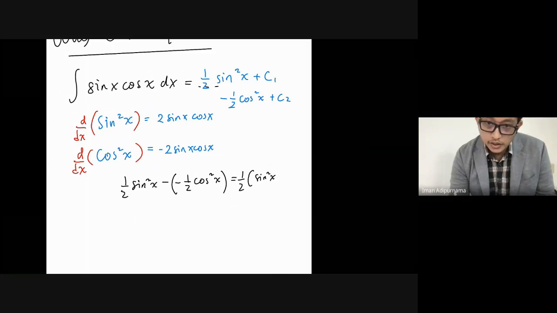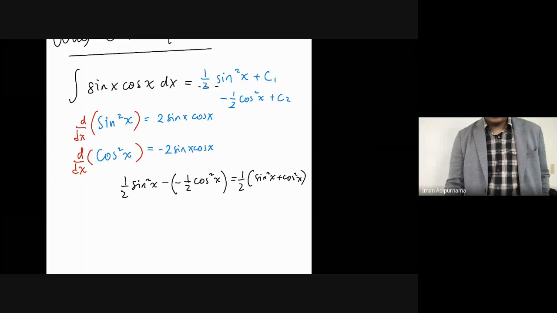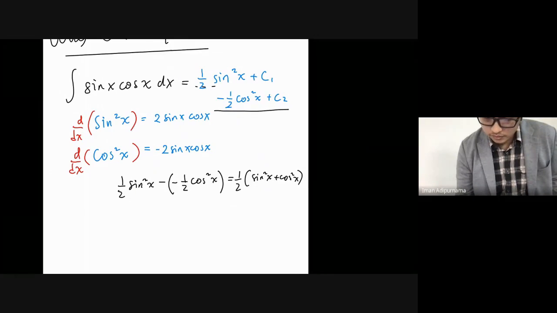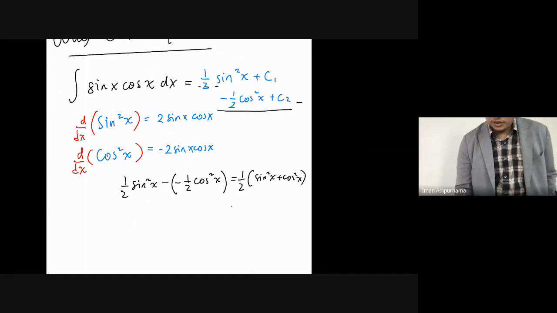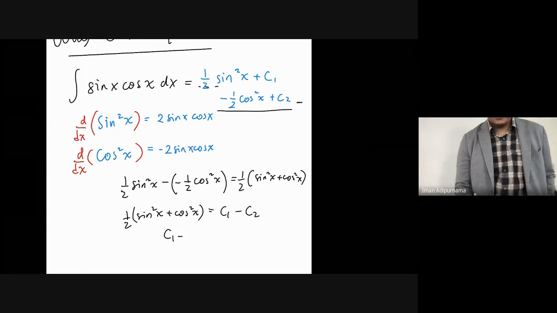Half sine squared x plus cos squared x. So this is C1 minus C2, and C1 minus C2 is half. So this is also a constant.